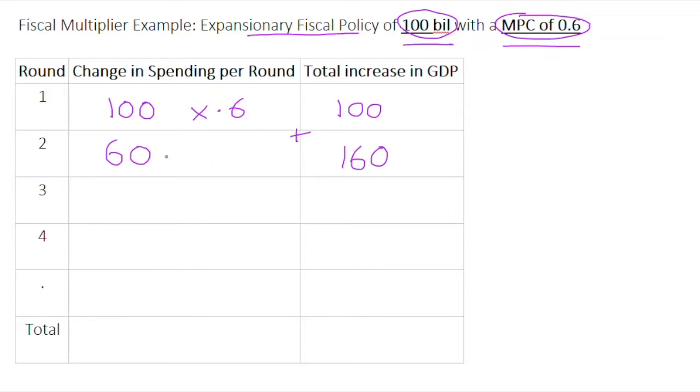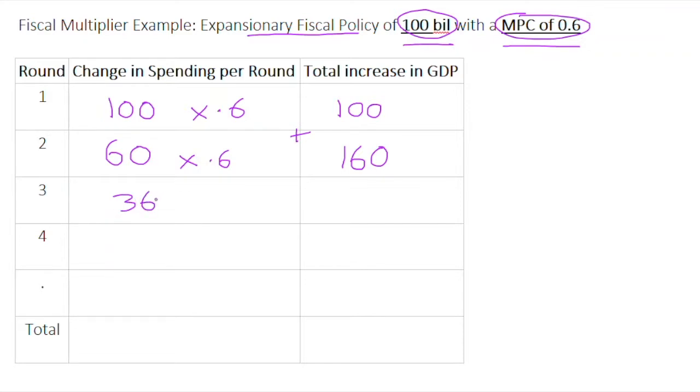However, we know that this extra 60 billion in spending will also create another 60 billion in income, of which people will still spend 0.6 of it, which means that the 60 billion in round two of spending will actually generate 60 billion multiplied by again 0.6, and what this gives us is 36 billion.